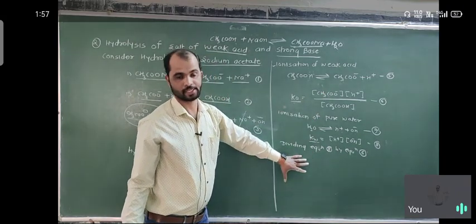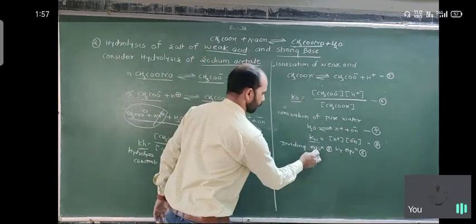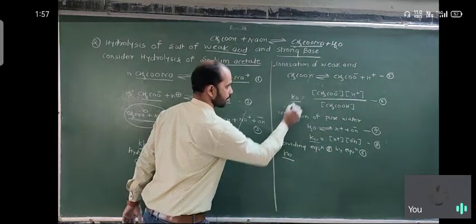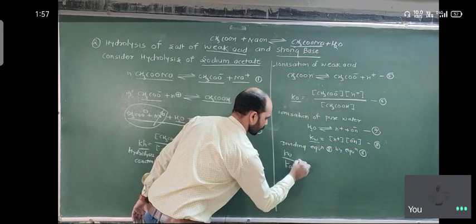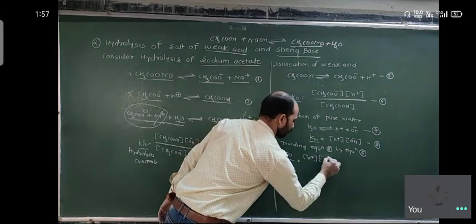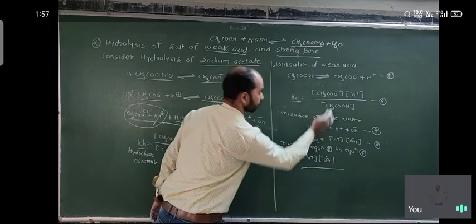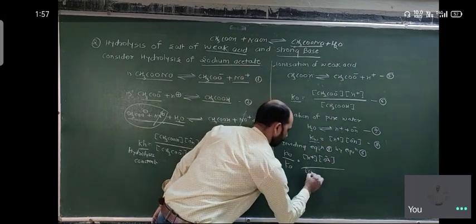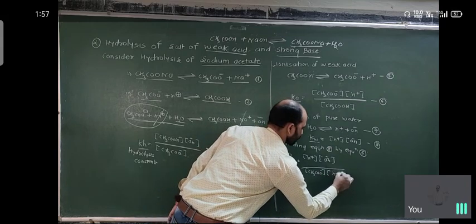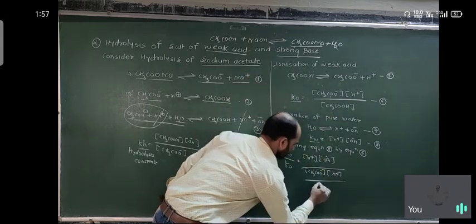Equation 8 means Kw, on the left side there is Ka, equal to H plus OH minus upon acetic acid concentration, H plus concentration, and this upon acetic acid.